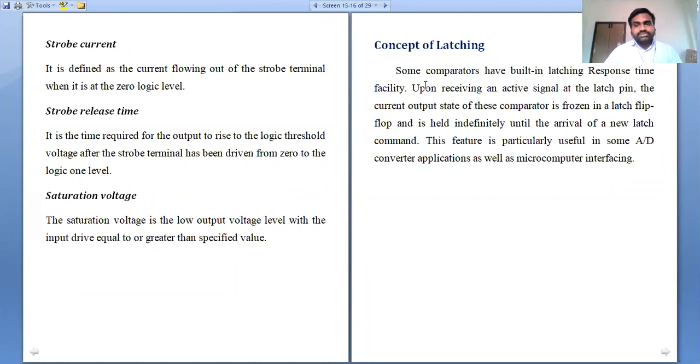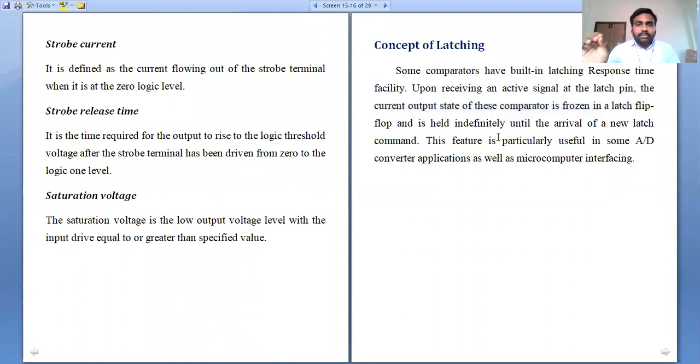It means we receive an active signal at the latch pin, and the current output state of the comparator has to be frozen. Whatever output voltage is being shown has to be frozen.